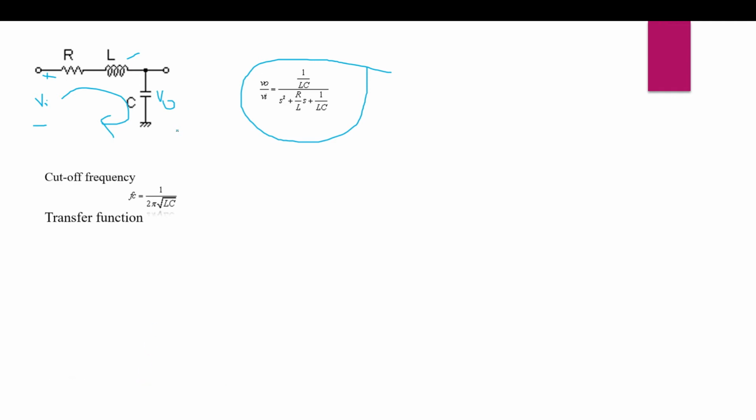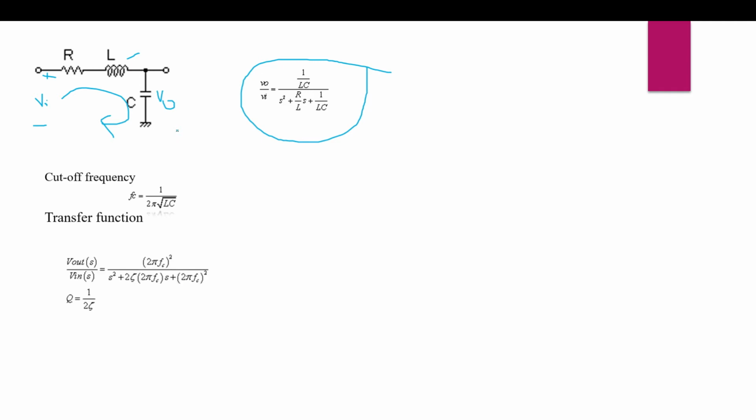For that we calculate the cutoff frequency as Fc equals 1 by 2 pi root LC. Whenever we have both capacitor and inductor elements, the cutoff frequency is given by omega naught square equals 1 by LC. Taking 2 pi f into consideration, you get f equals 1 by 2 pi root LC.